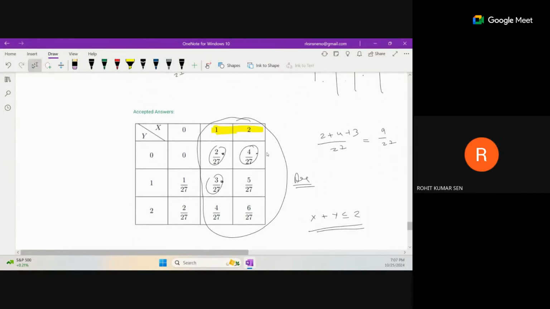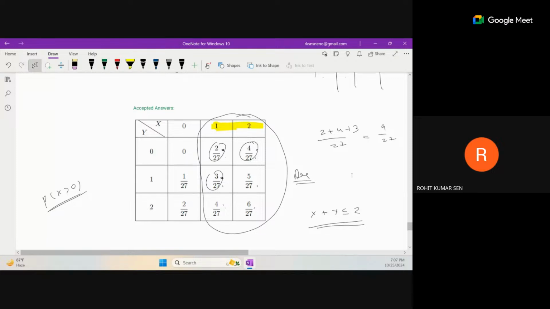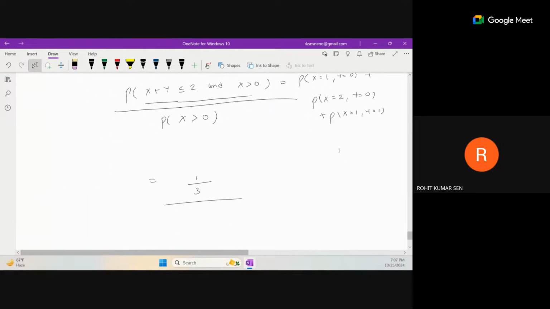Here my x is greater than 0, here also, here also. So I will add all these 6 cells, the probabilities for x greater than 0. So is this part clear to everyone?